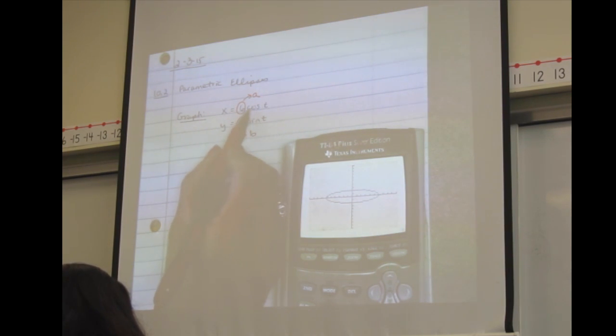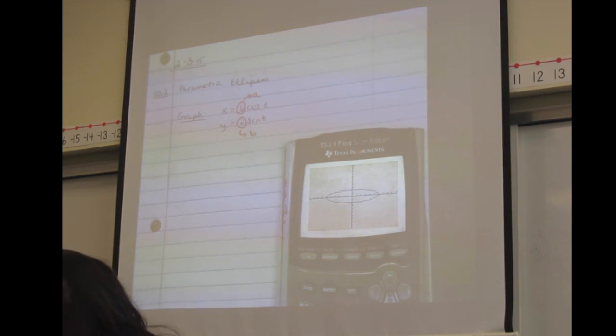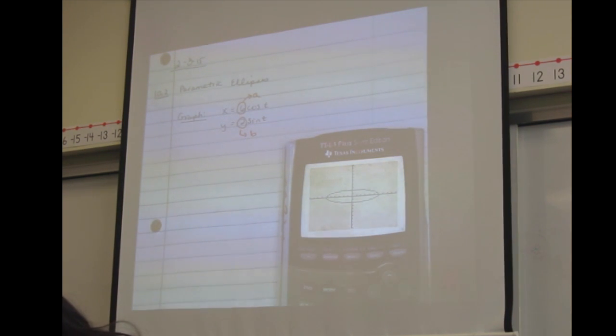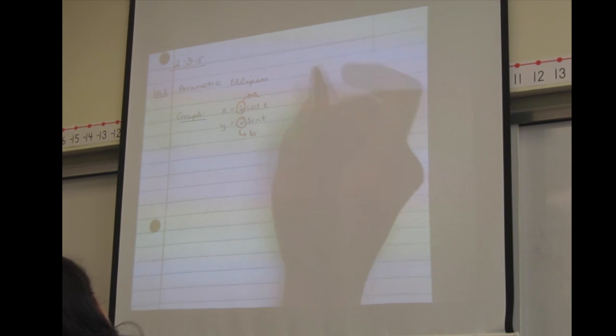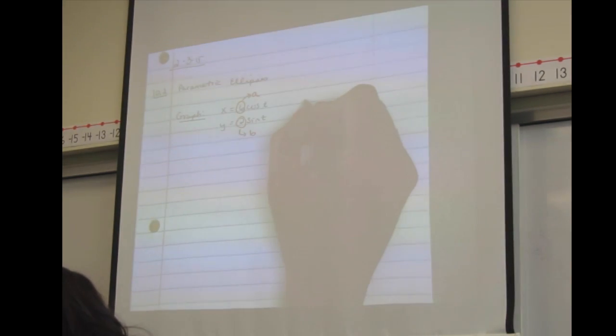Now, why is it cosine here and sine here? Cosine goes for the x, sine goes for the y. And how did this graph? Counterclockwise, right? So this graphs counterclockwise.